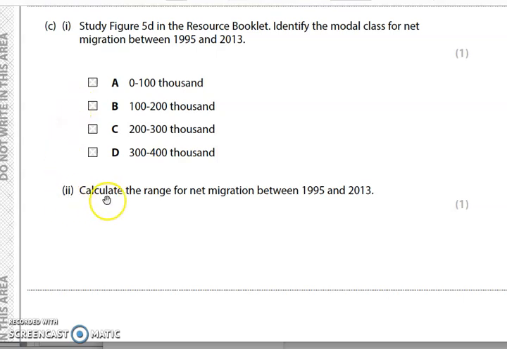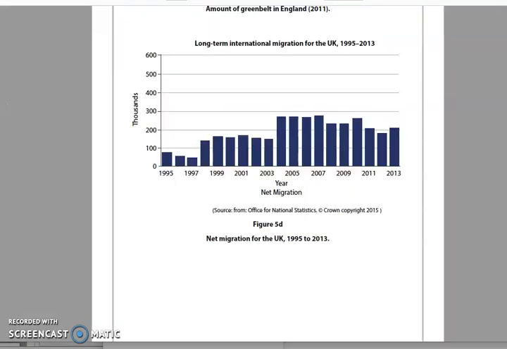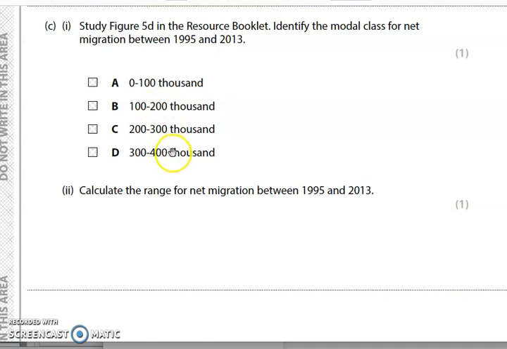Next, calculate the range for net migration between 1995 and 2013. Remember, the range is the highest figure minus the lowest figure. So again, we look at the resource, we can see that we need to look at the years 1995 and 2013.